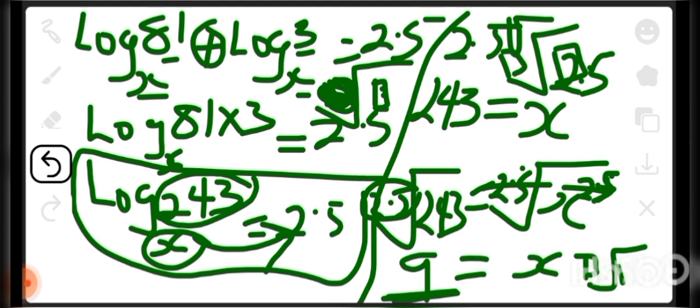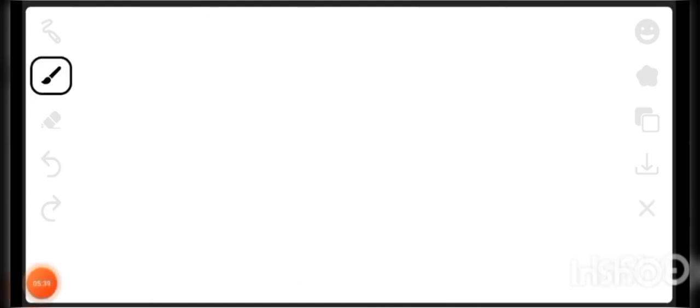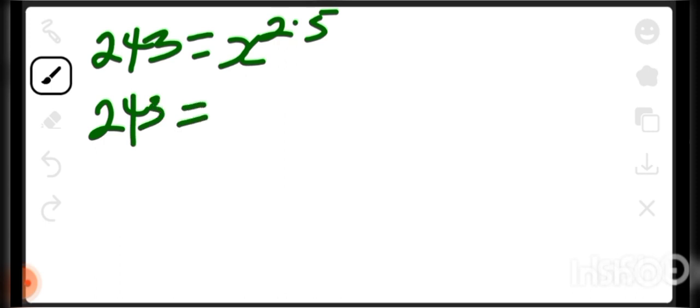Or you can also do it this way. Remember we said 243 is equal to x raised to power 2.5. 2.5 means 5 over 2.